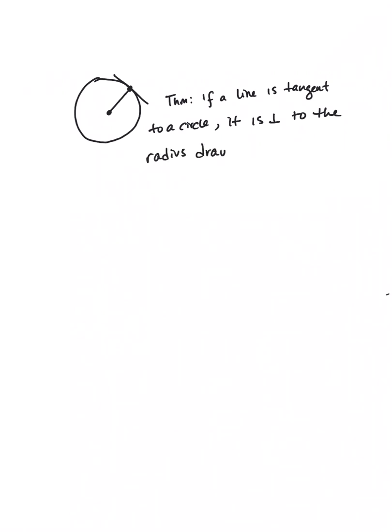Okay, so the theorem: if a line is tangent to a circle, it is perpendicular to the radius drawn to the point of tangency.